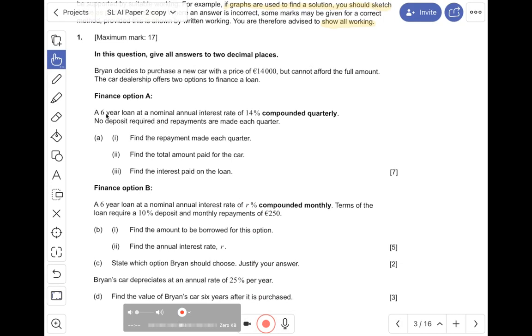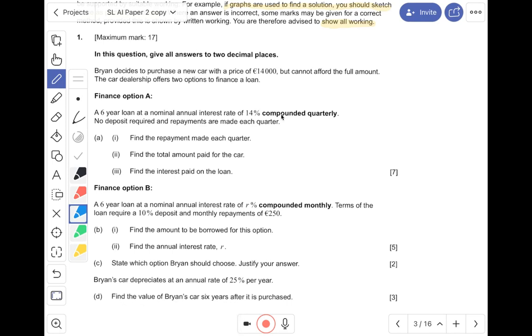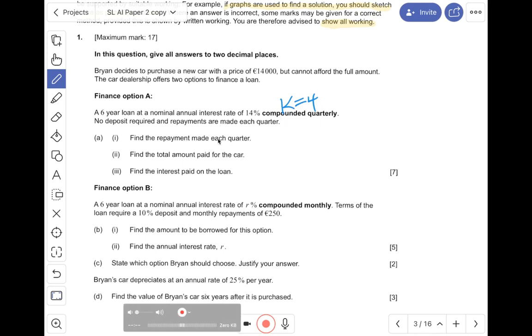It's a 6-year loan, 14% annual interest that's compounded quarterly. Okay, that's 4 quarters in each year. We are allowed to write in the question booklet with the understanding that the examiners aren't going to look at it. So 4 compounding periods. Find the repayment made in each quarter.